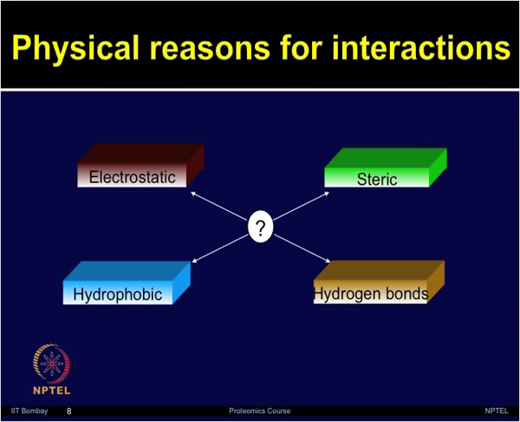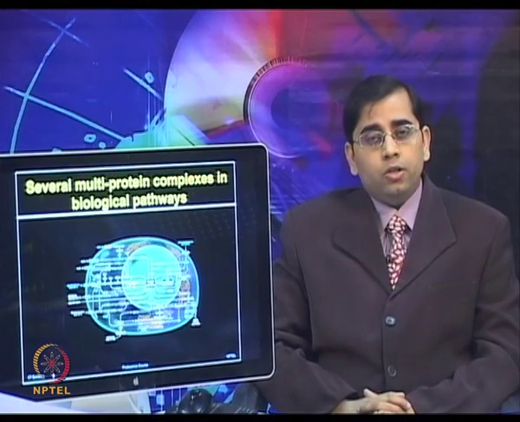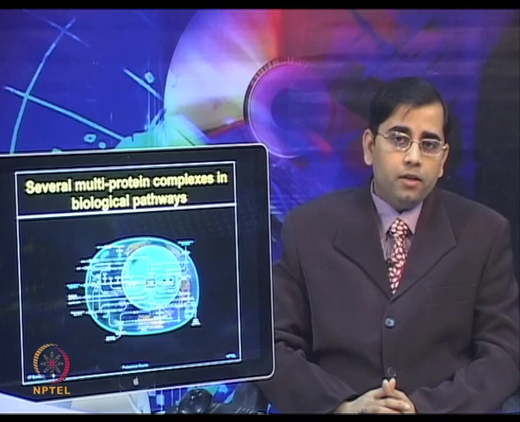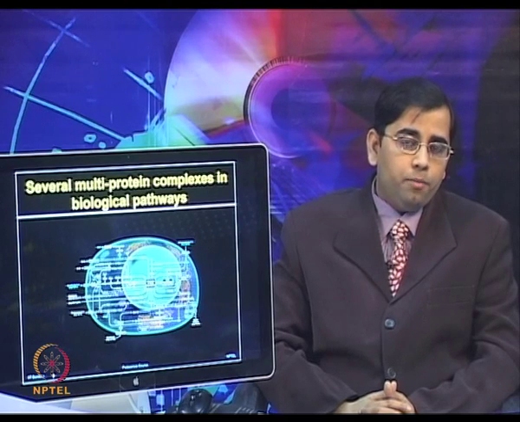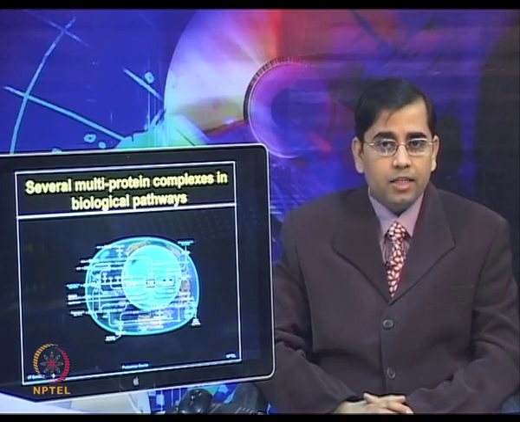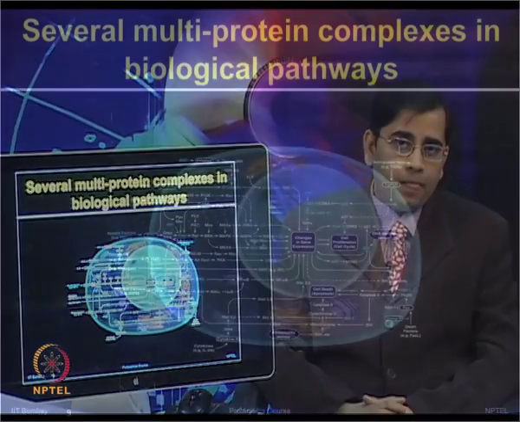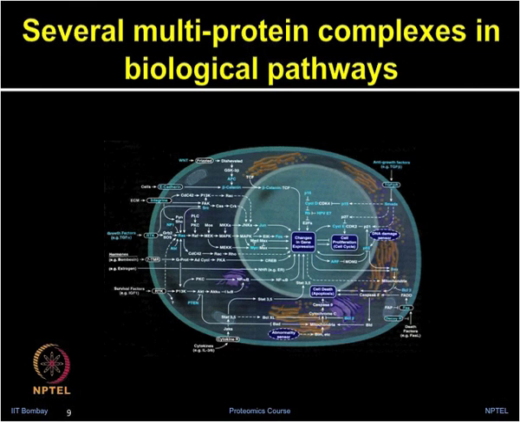It could be electrostatic, hydrophobic, steric, hydrogen bonds, etc. Earlier in our modules, when we talked about proteins and their different properties, we discussed some of these physical reasons. These proteins could be involved in various biological pathways and form multi-protein complexes, such as the one shown in the figure here. And by studying the interactions, one can slowly start getting information for the complex biological pathways in which these proteins could be involved.